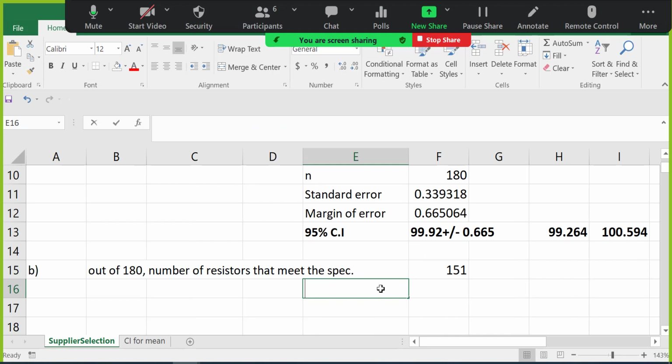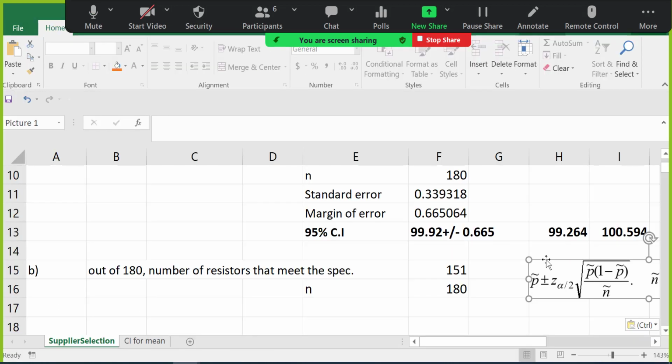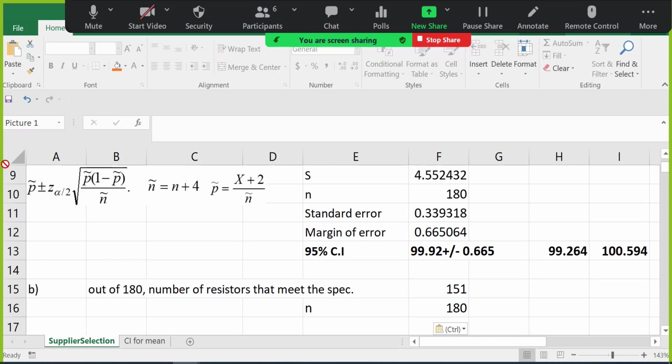So we know the sample size n is 180. So the p tilde, right? You remember this one? So you see, this is the formula.